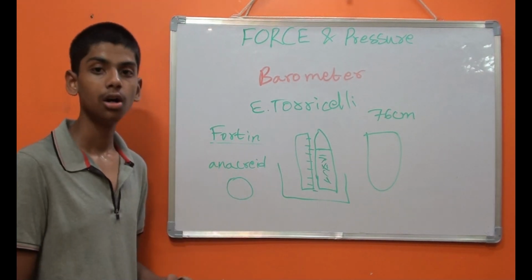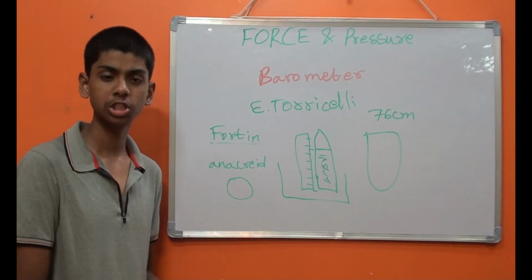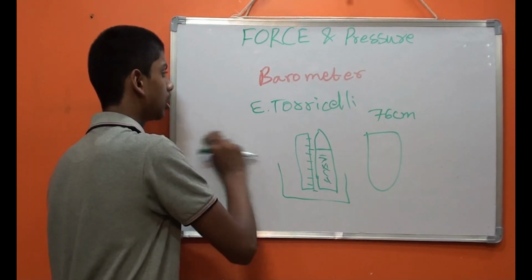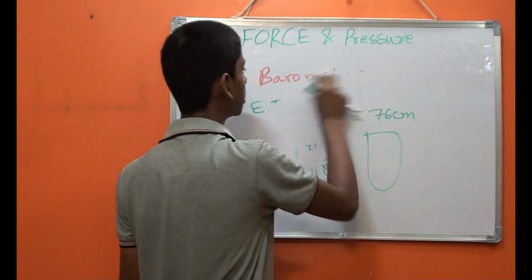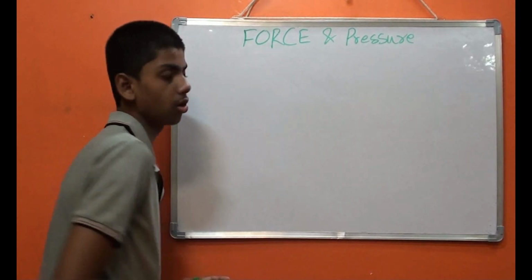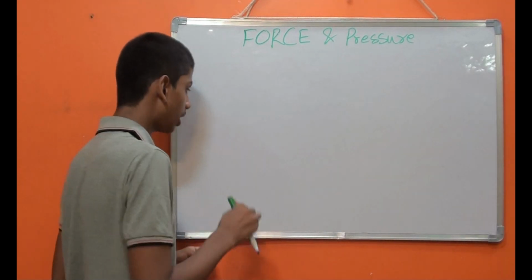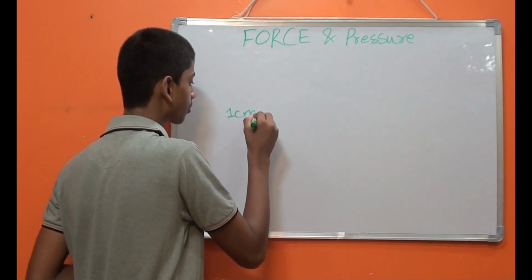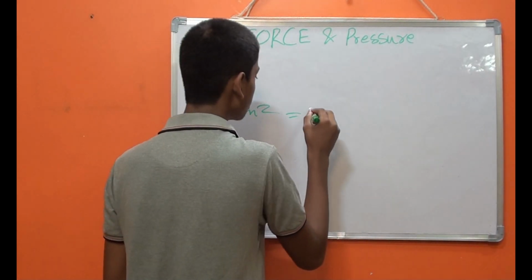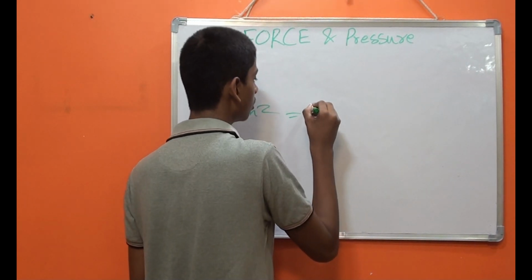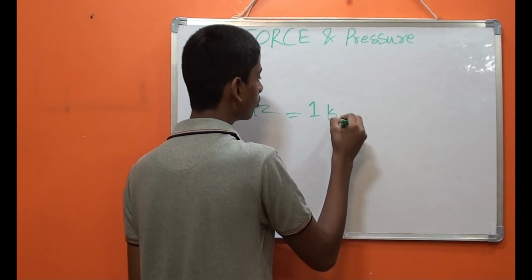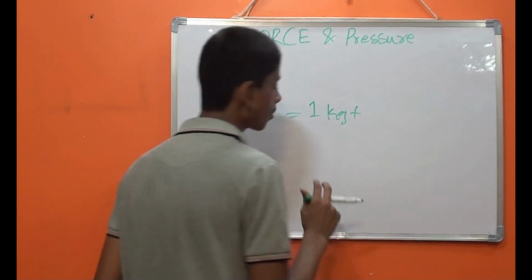Now let's see how large atmospheric pressure is. At an area of 1 centimeter square, the atmospheric pressure would be about 1 kilogram force.